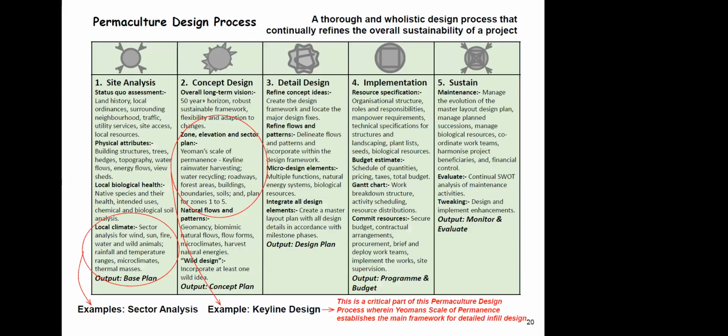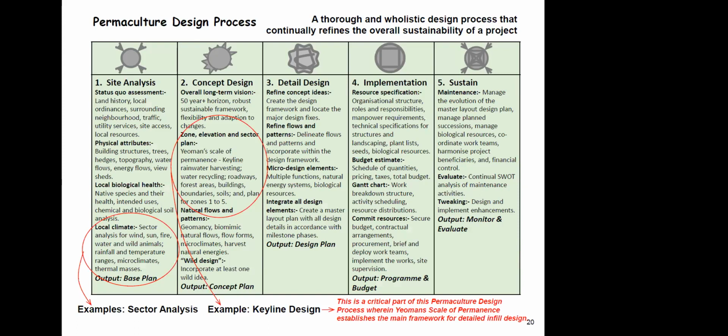Let's look now at a permaculture design process. This is a process straight out of the manual, but in the next few slides, we just unpack it because it's not easy to explain this process. So my background is project management in the built environment.